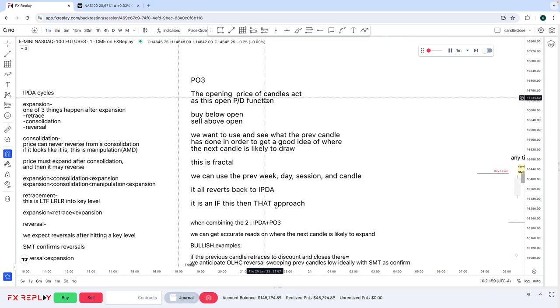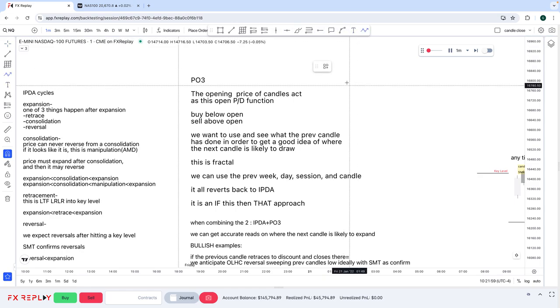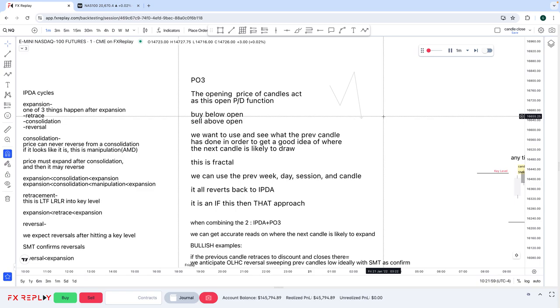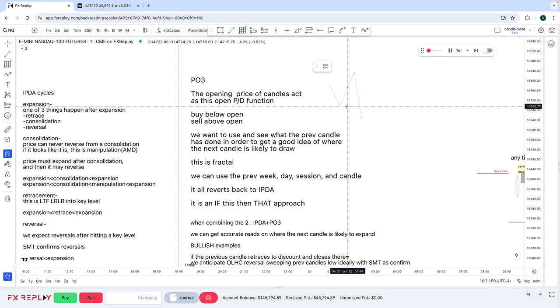The opening price of candles acts as its own premium discount function. Buy below the open and sell above the open, right? So this is what I mean by that. Let's just say this candle opens here, and we already had our smart money reversal.